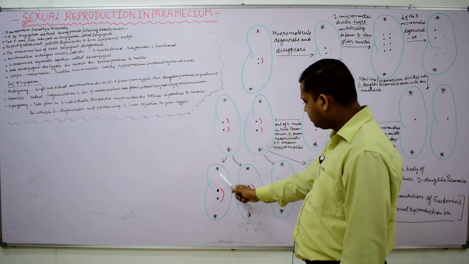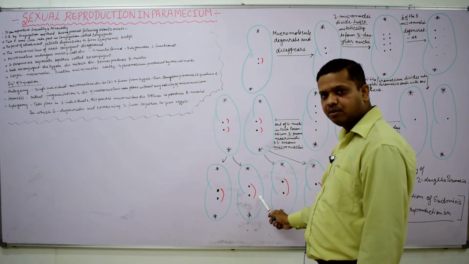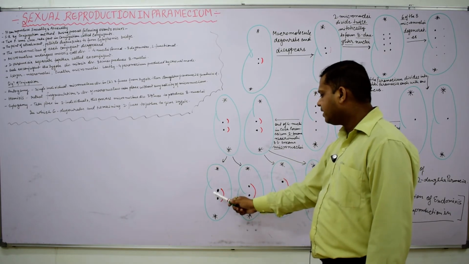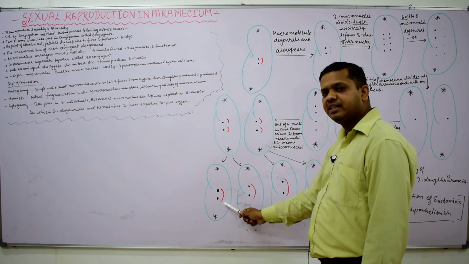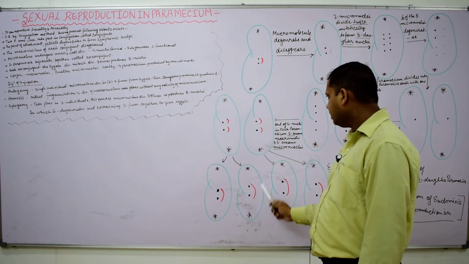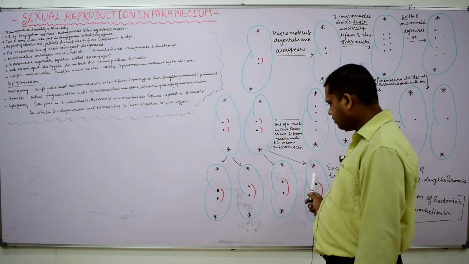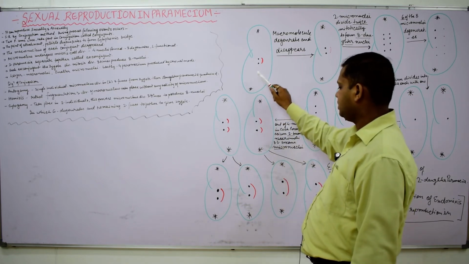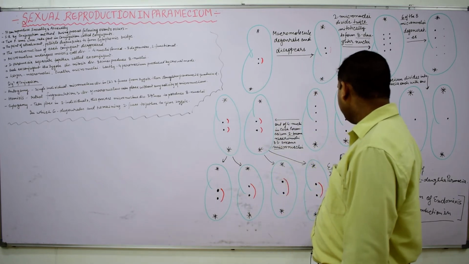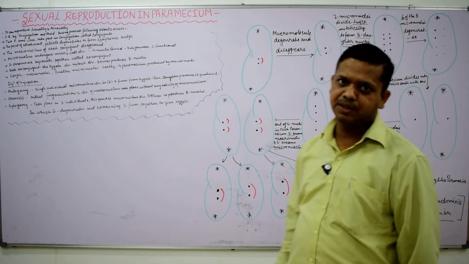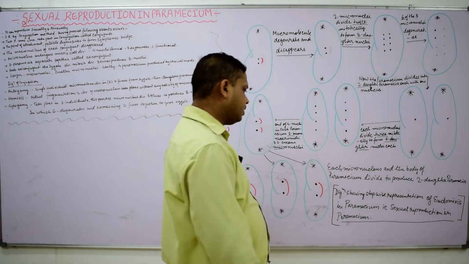One body will divide into 2 daughter Paramecia, which contain 2 micronuclei and 1 macronucleus. Similarly, the second body will also divide into 2 daughter Paramecia, and in this way from 1 Paramecium, 4 daughter Paramecia are formed.